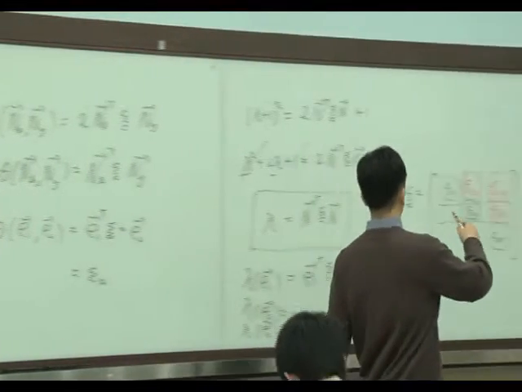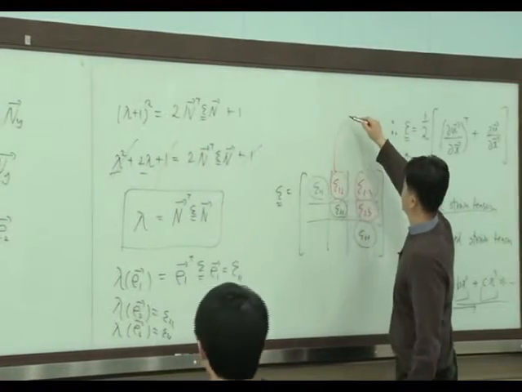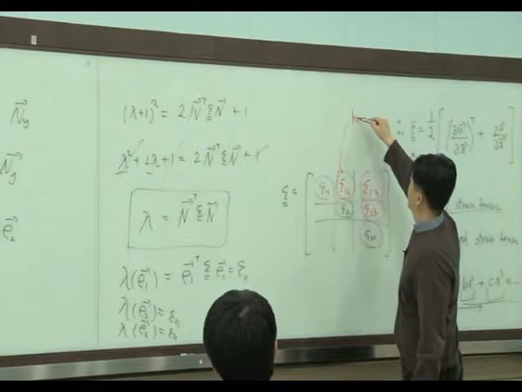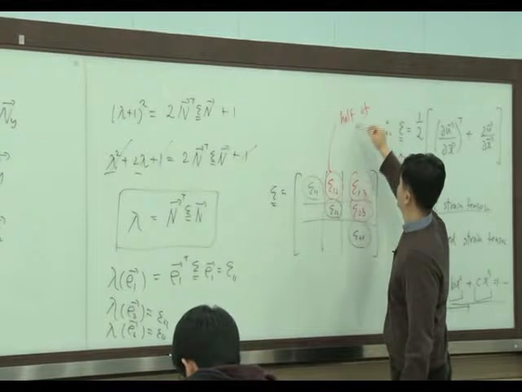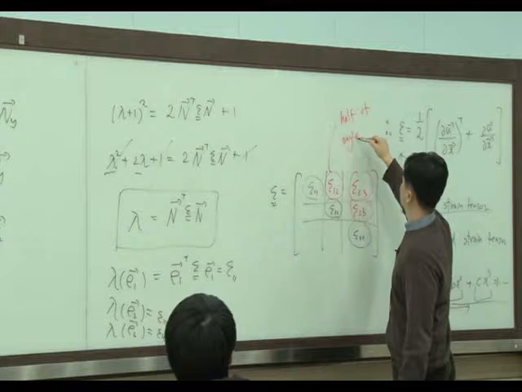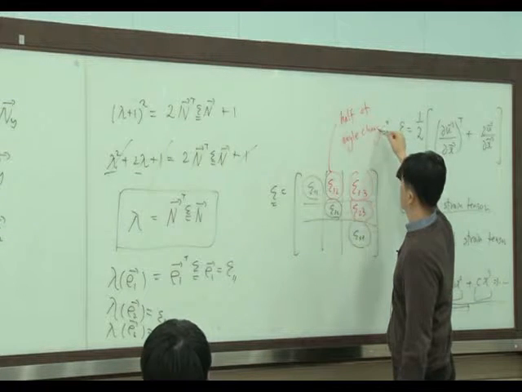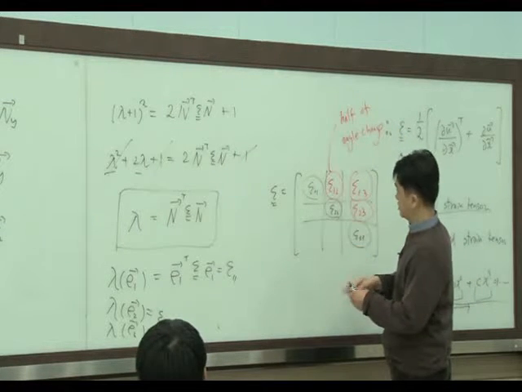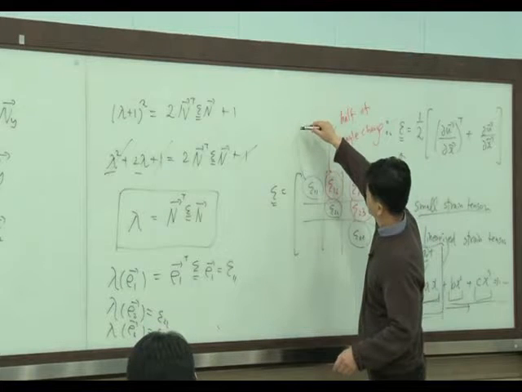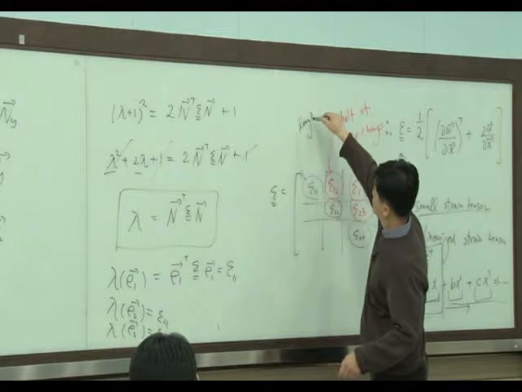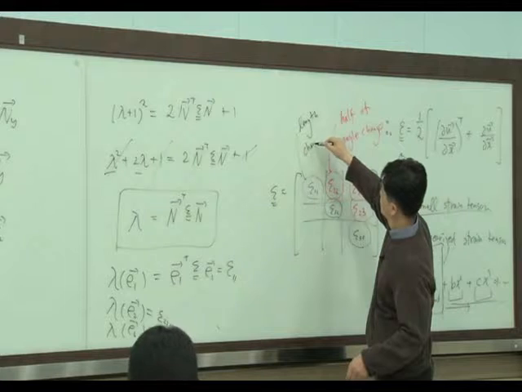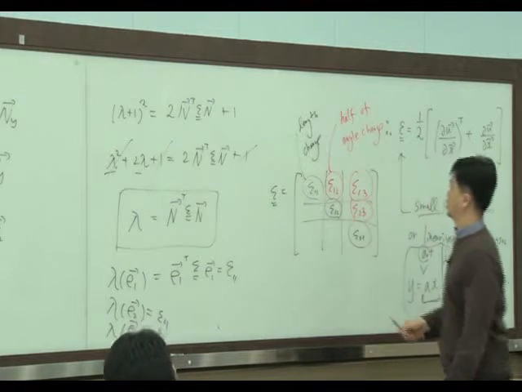So off diagonal is half of angle change, diagonal is length change. Okay.